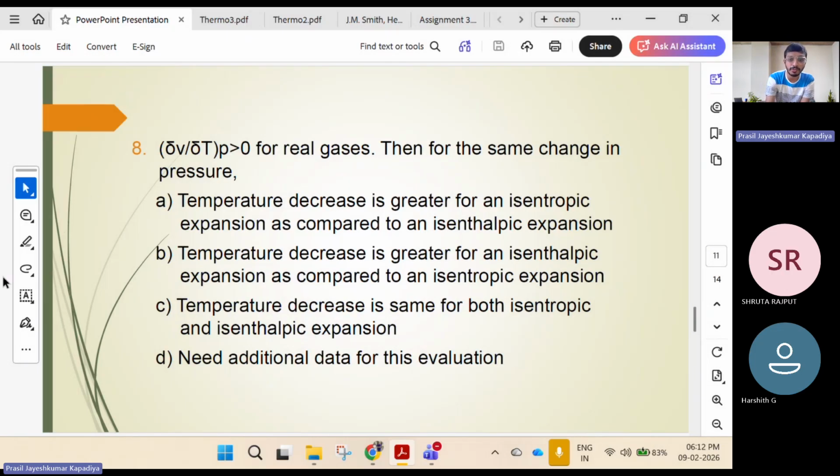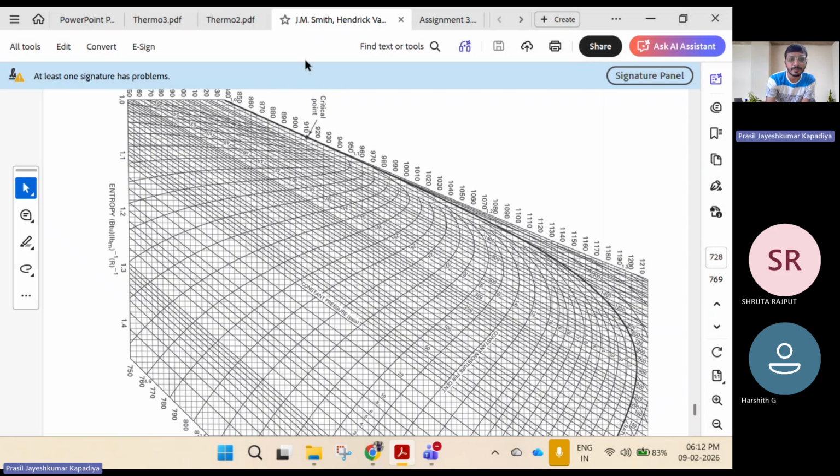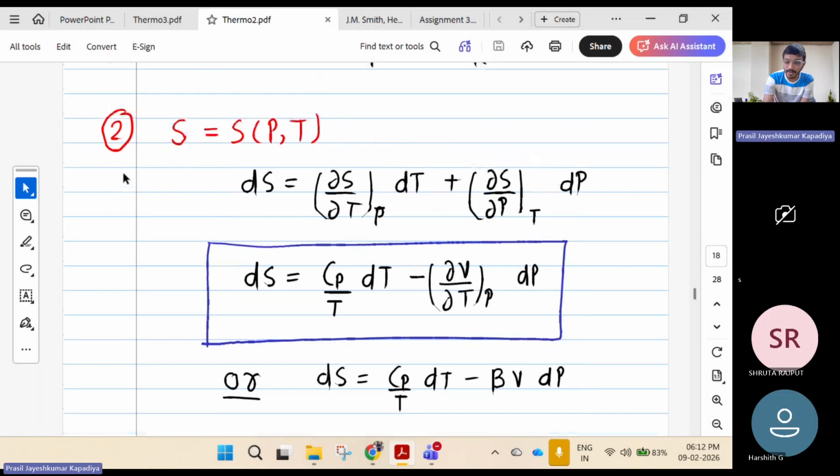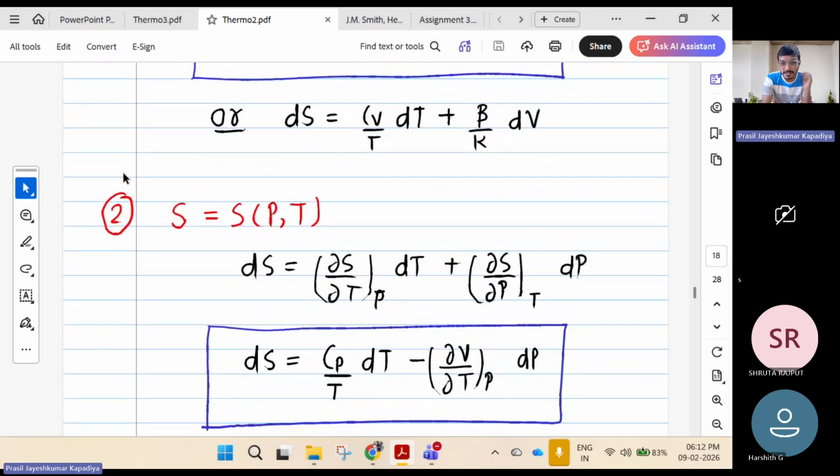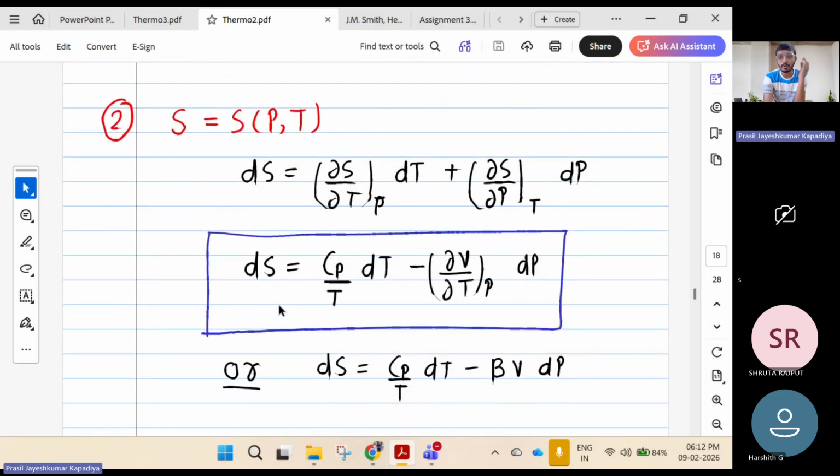So for the first, what we need to do is write down the expression for isenthalpic expansion and isentropic expansion. So if I take this expression, for an isentropic process, dS will be equal to 0. Correct.